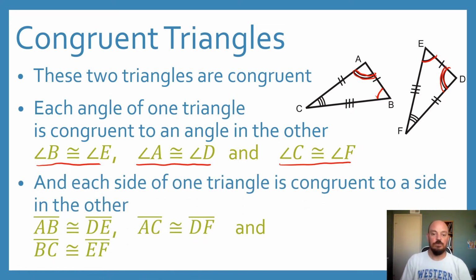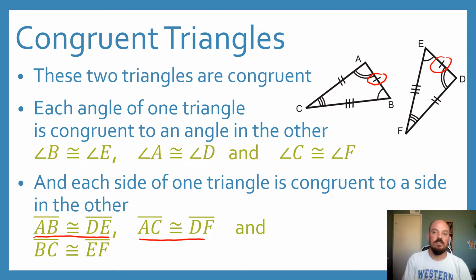But then the same thing is true for the sides. Right here I have line segment AB is congruent to DE, because they each have one little marker on them. And then line segment AC is congruent to DF.